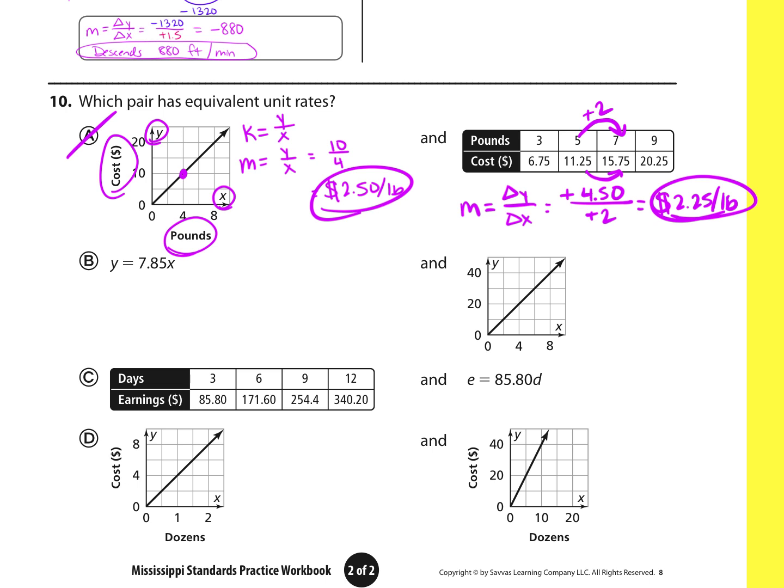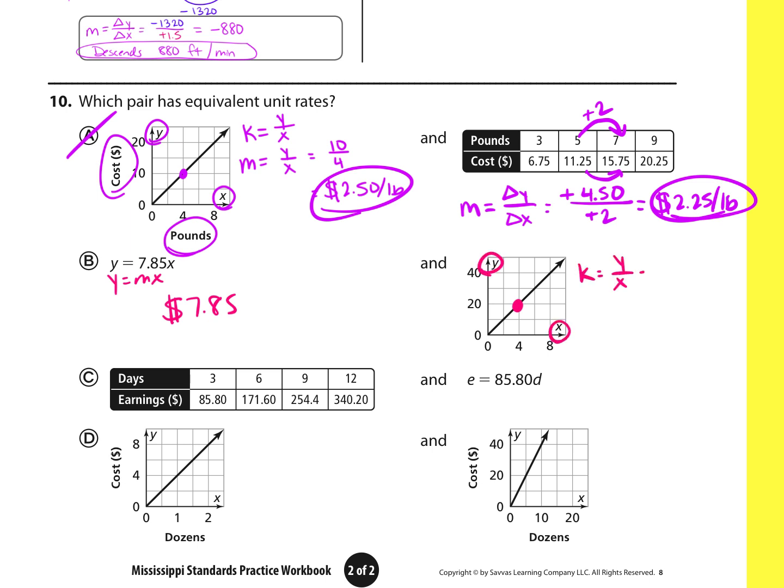For choice B, we see that we have this equation already given, and so the slope is $7.85. We don't know what it's talking about, so we don't really know what to say it's for. But the second part, we have this graph, and we can pick any of these values and say, okay, the y divided by the x.